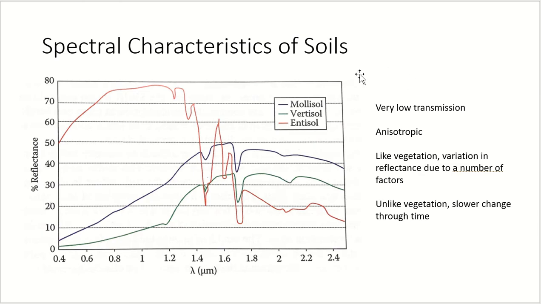So soils taken as a whole are kind of characterized by having very low transmission of energy. And that kind of makes sense. The light doesn't really penetrate the soil in the same way as it could pass through a leaf. And so of the energy that's coming in, if you accept that very little will be transmitted through, you're talking either absorption or reflection.